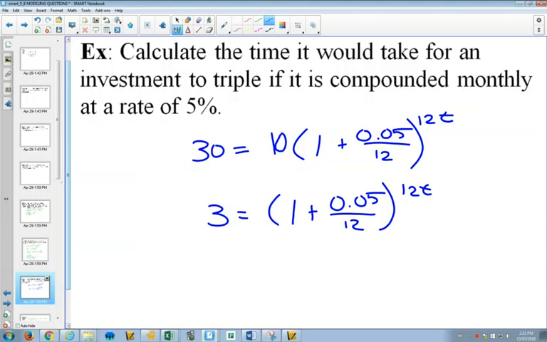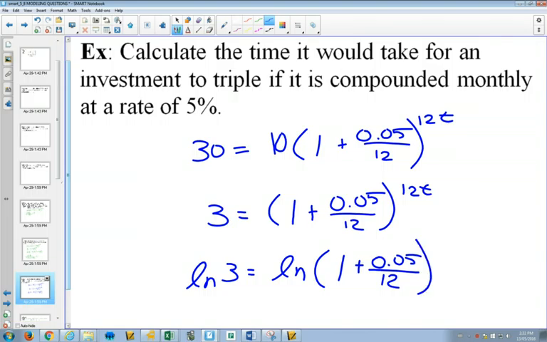So now if we solve this, you can take the natural log of both sides, or the log, it wouldn't matter which one you used. And now that 12t can come out in front.